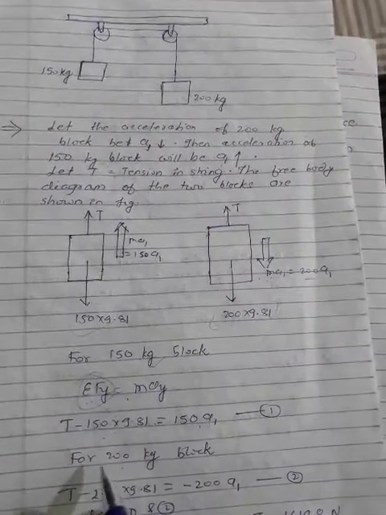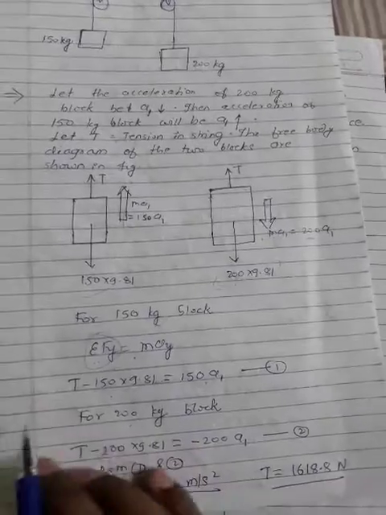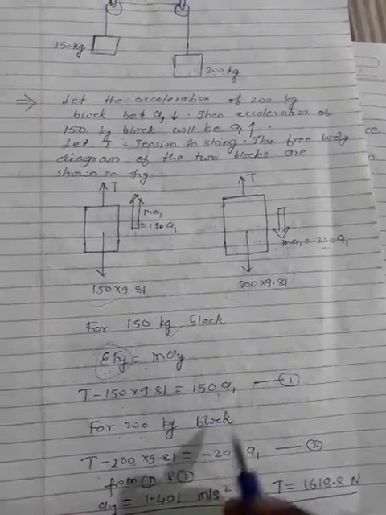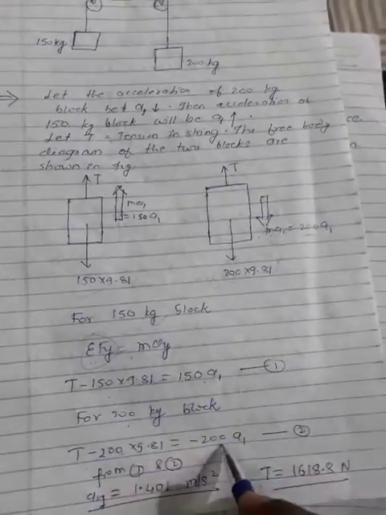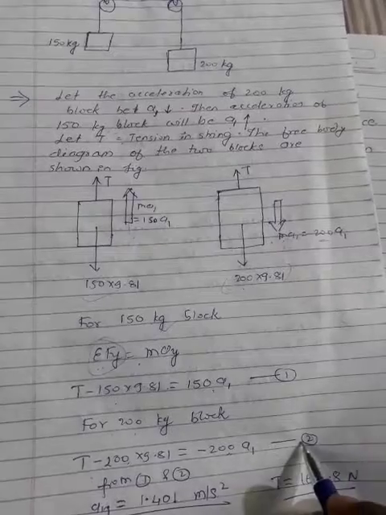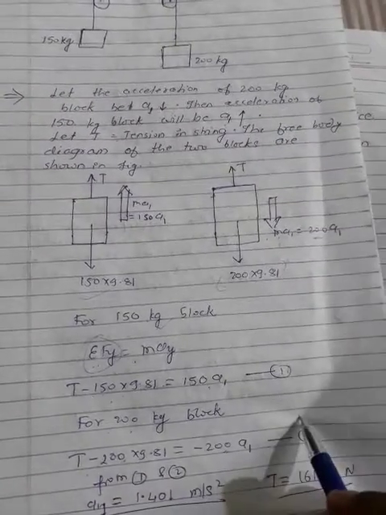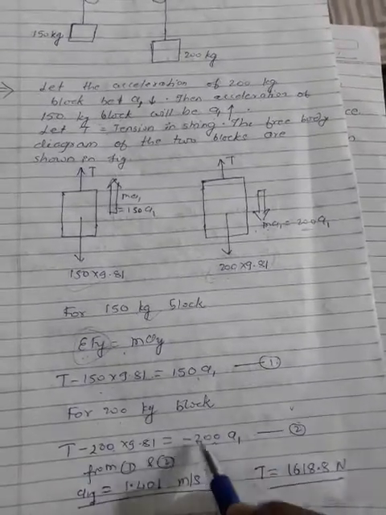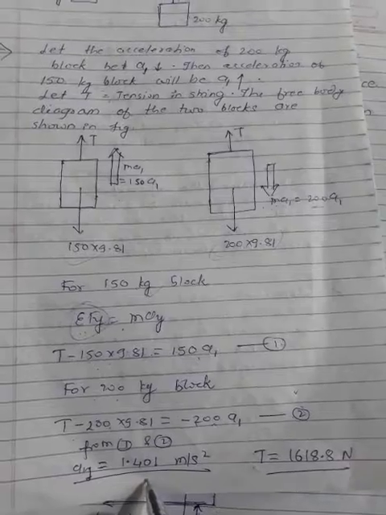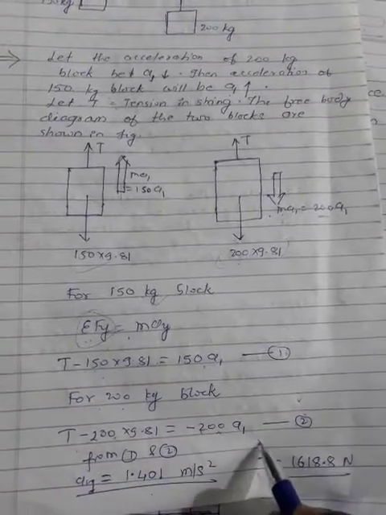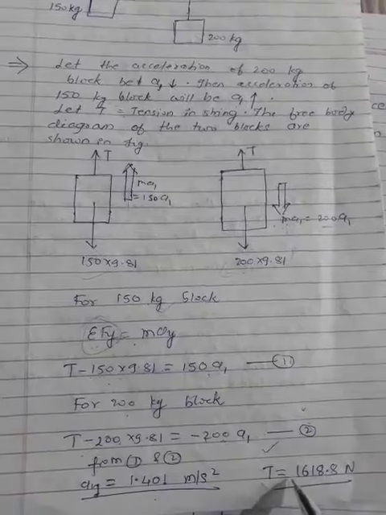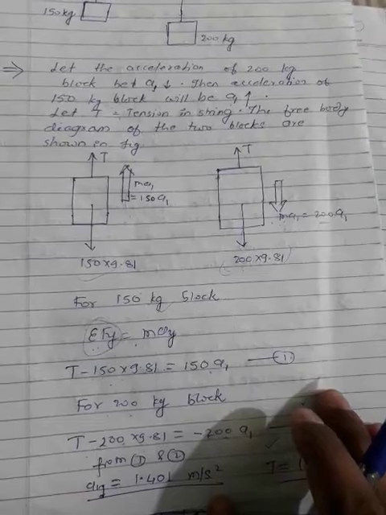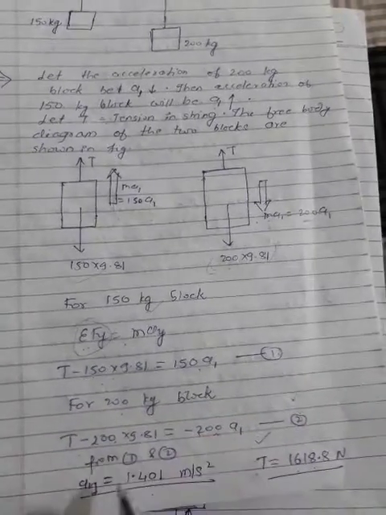Now for the 200 kg block, T is upward, 200 into 9.81 downward, so minus, equal to, it is in the downward direction, so minus 200 into A1. This is equation 2. Now I am solving equations 1 and 2 simultaneously, and I will get A1 as 1.401 meter per second square and the tension in the string as 1618.8 Newton. So this is how I calculated tension and acceleration A1.